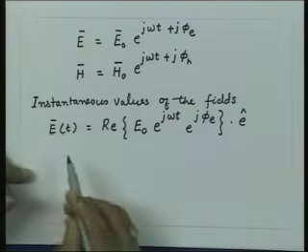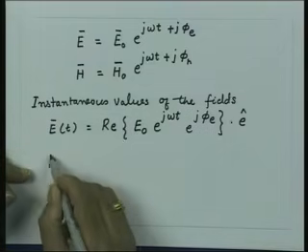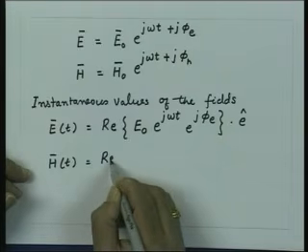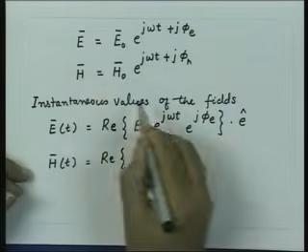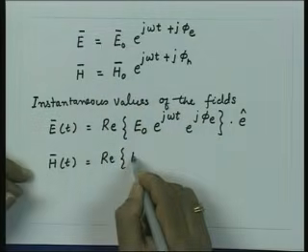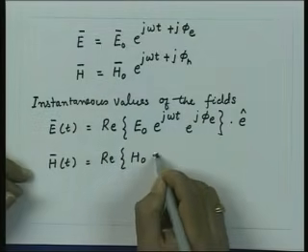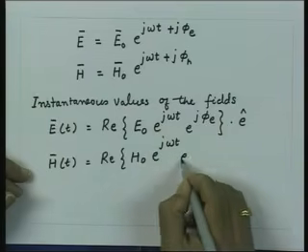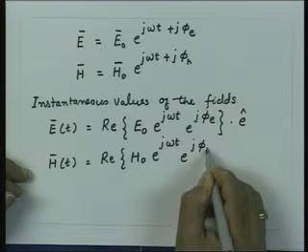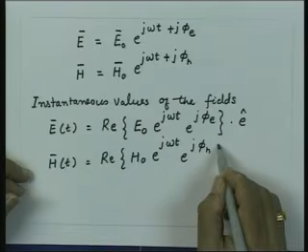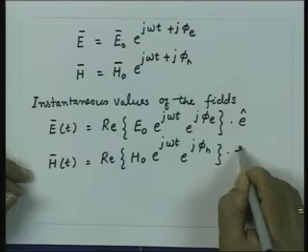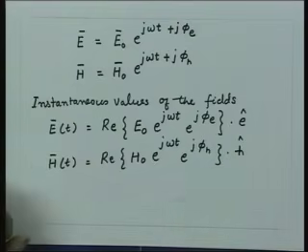Similarly, I can get the instantaneous value of the magnetic field at some time t, which will be the real part of, again I do the same thing, the magnitude of this magnetic field e to the power j omega t e to the power j phi h, which is the phase of the magnetic field, multiplied by the unit vector which is the h direction.